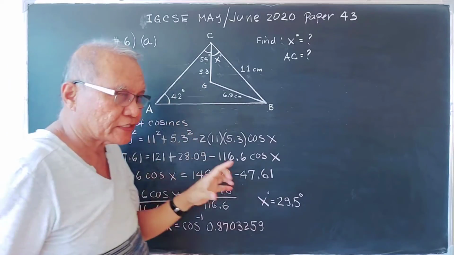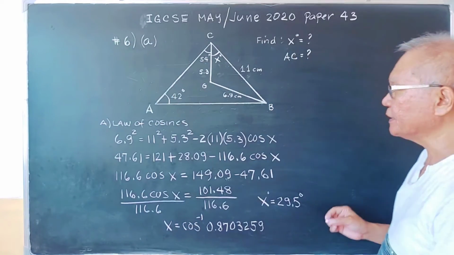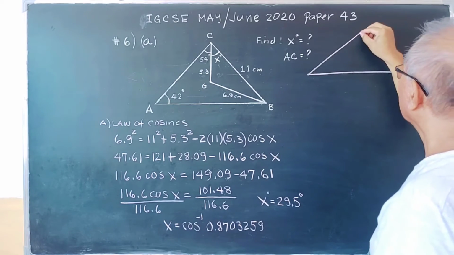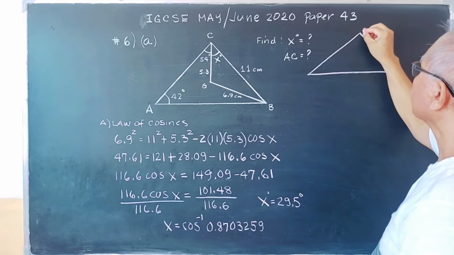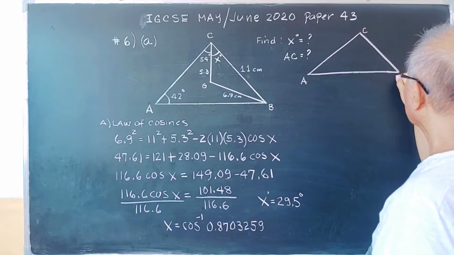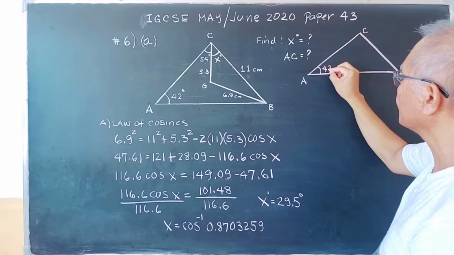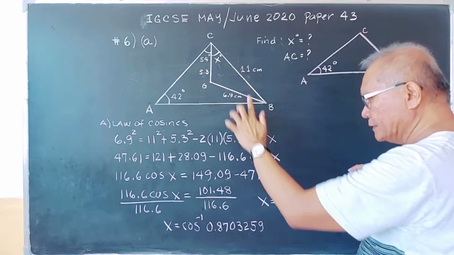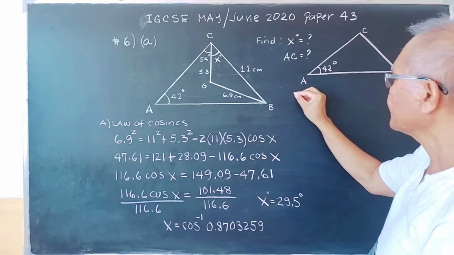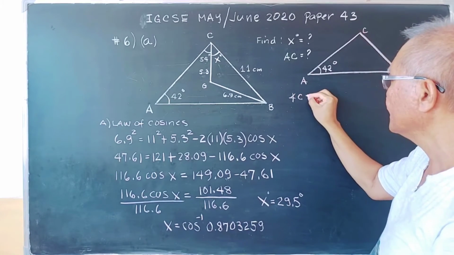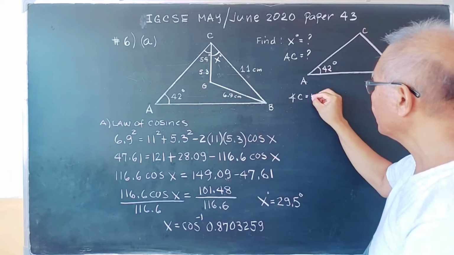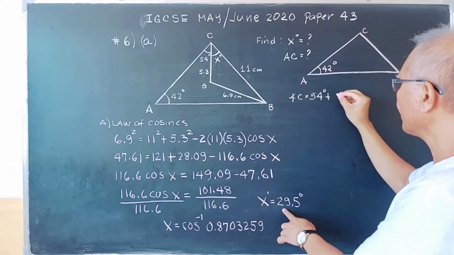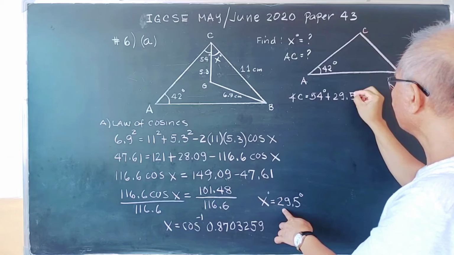Okay, now let's have the triangle ABC. In our triangle ABC, let's draw here. This one is C, this one is A, this one is B. This one is still 42 degrees, and for this one we are going to add the 54 and the X. So angle C is equal to 54 degrees plus the solved X, which is 29.5 degrees.